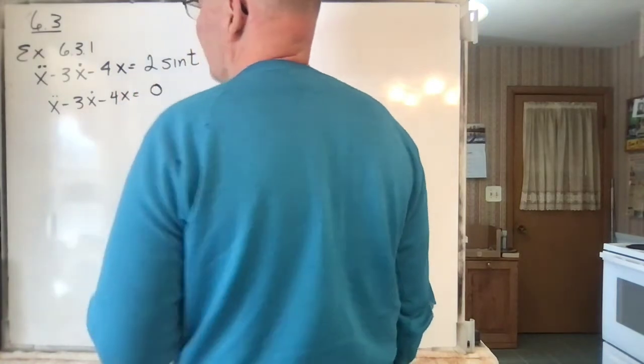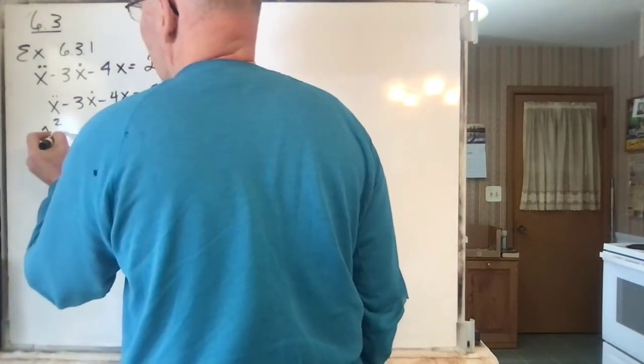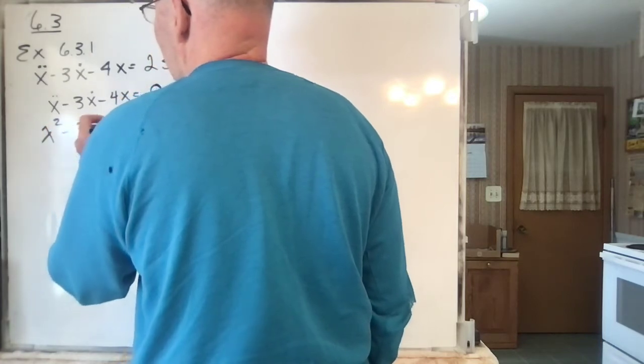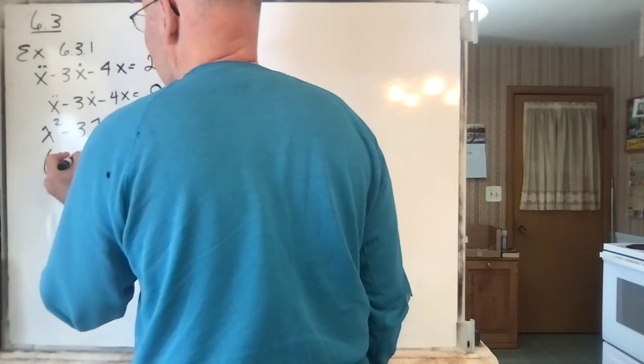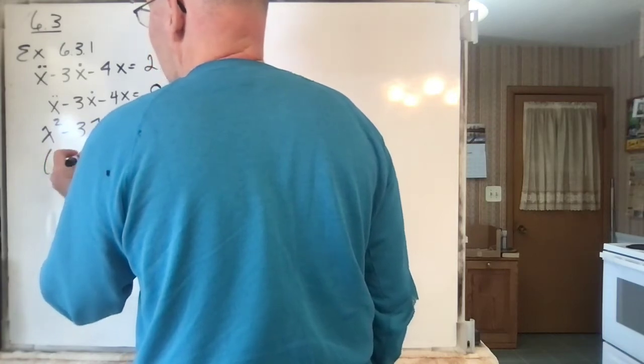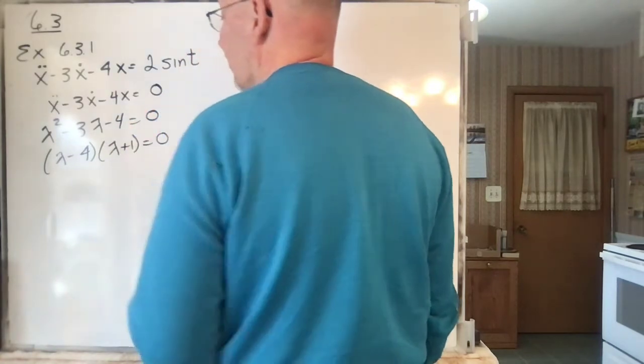which is pretty straightforward. Remember how we do it? We just get our characteristic equation. Lambda squared minus 3 lambda minus 4 is equal to 0. Factor that. Lambda minus 4, lambda plus 1 is equal to 0.